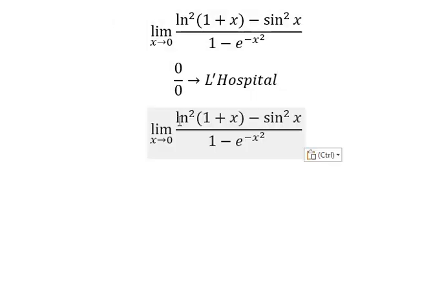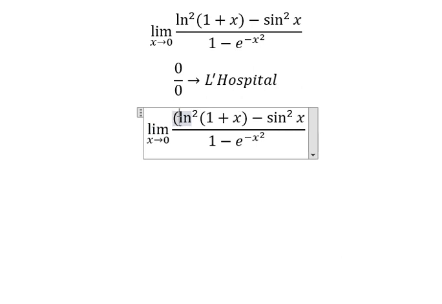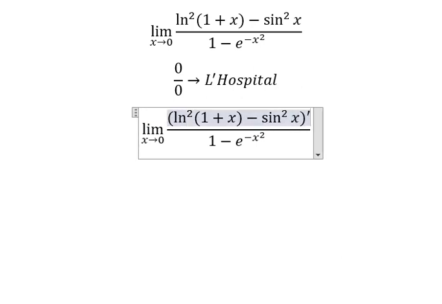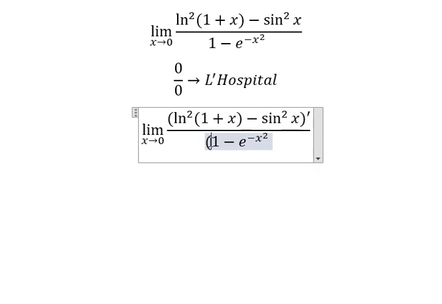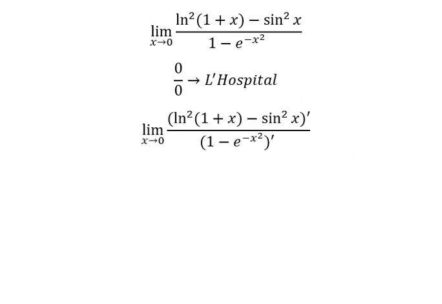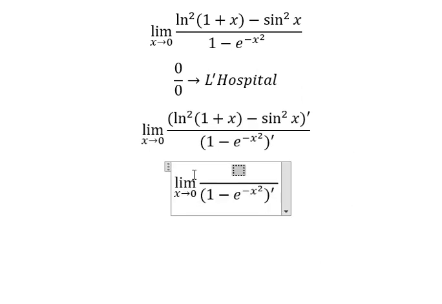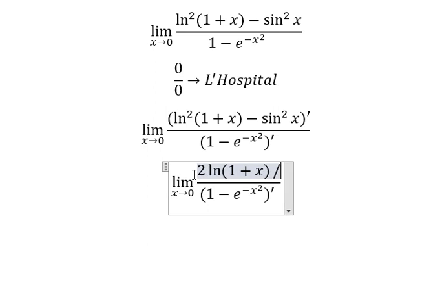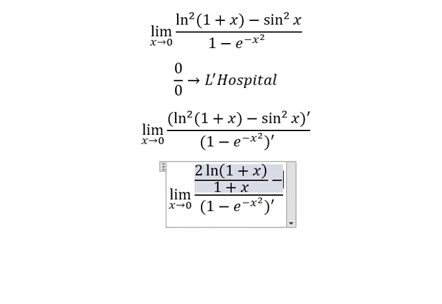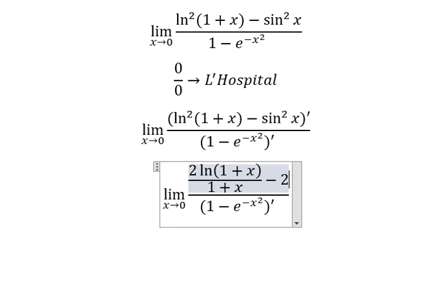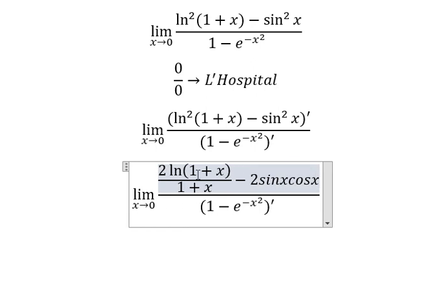That means we need to do first derivative on numerator and denominator. So for the first one in here, we have 2 ln of 1 plus s over 1 plus s. The next one that is about 2 sine s cosine s.